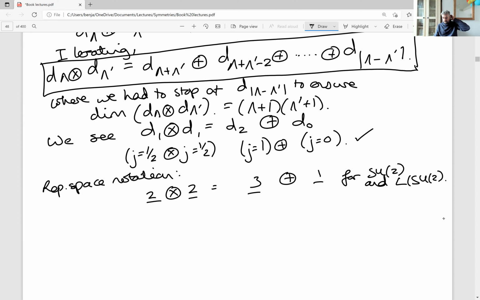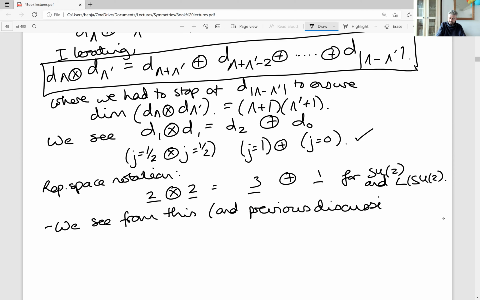Okay, so from this and from our previous discussion about the tensor representation, we see that if we want to obtain the 3 here, so we take the 3 irreducible representation of SU2 or the Lie algebra of SU2.